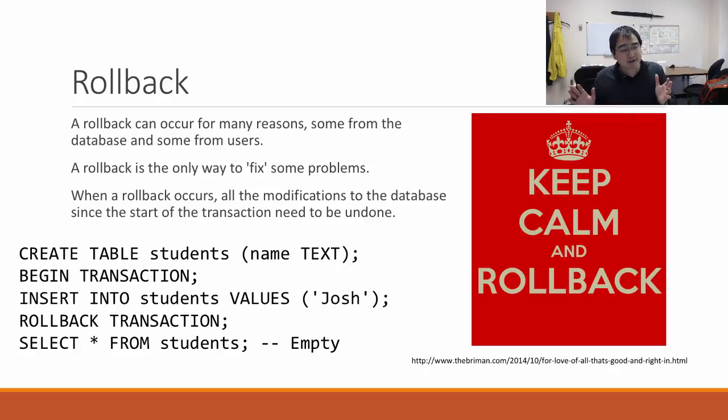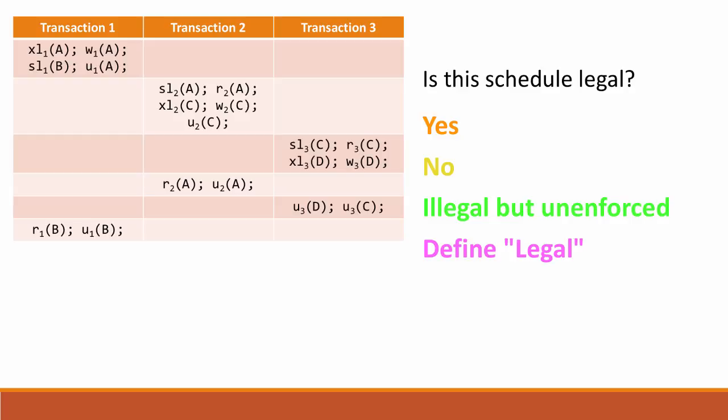All right, so that sounds all well and good, except rollbacks can have a pretty terrible consequence. So let's go to a multiple choice question. Here we have 3 transactions that are getting exclusive locks and shared locks, doing reads and writes. And I can promise you that these schedules follow all of the rules for schedules, for conflict serializable schedules. If you want to, you could write a little program or run it through by hand.